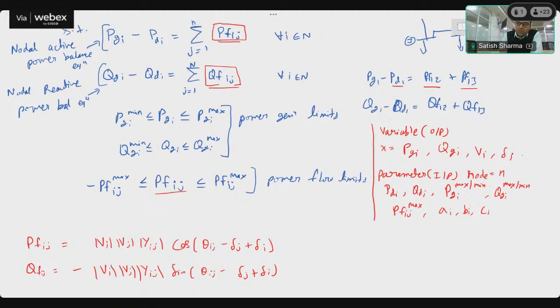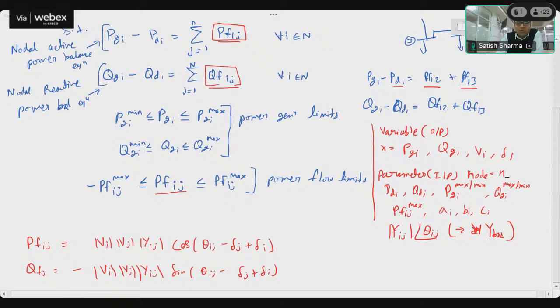Once we have defined that Vi and delta i are variables, then the parameters are the Yij magnitude and the angle theta ij, which come from the y bus. These are nothing but the elements of the y bus matrix, and the y bus matrix gives me the topology.